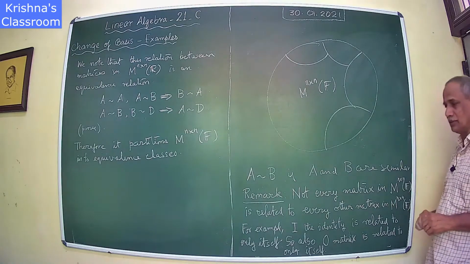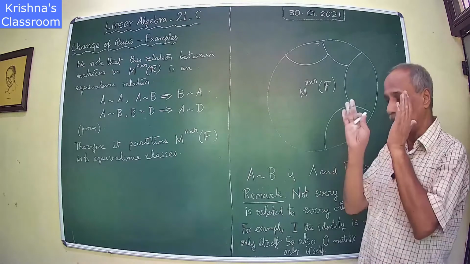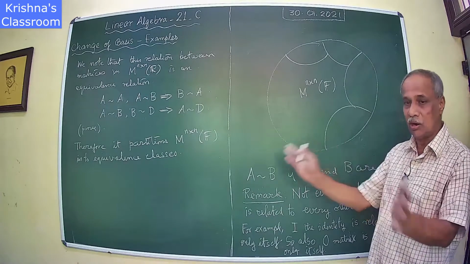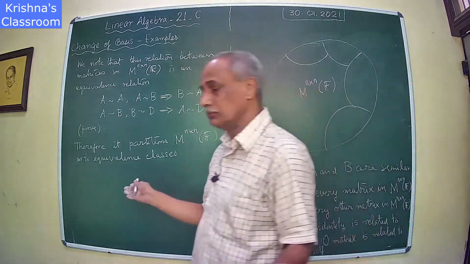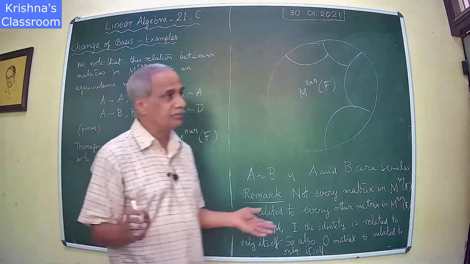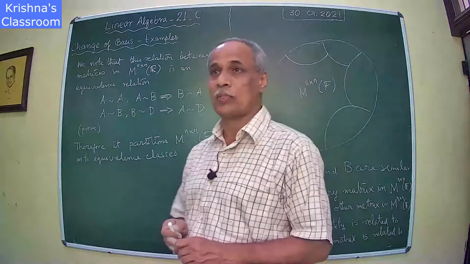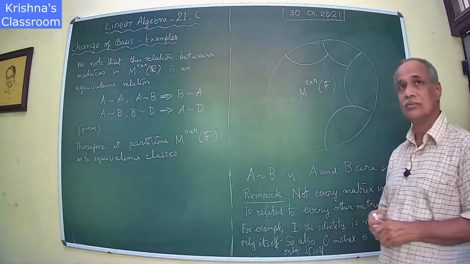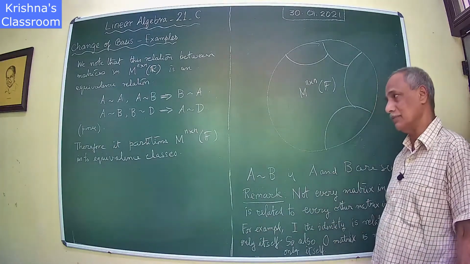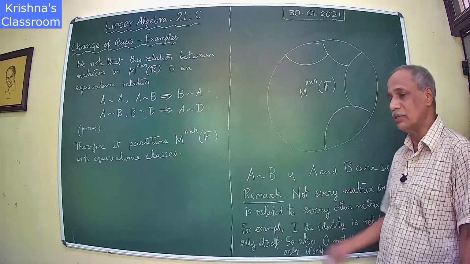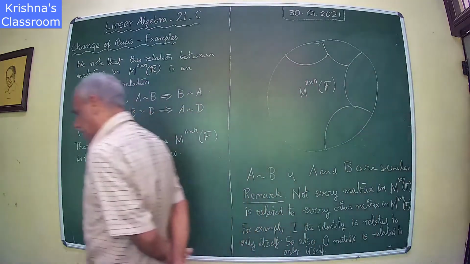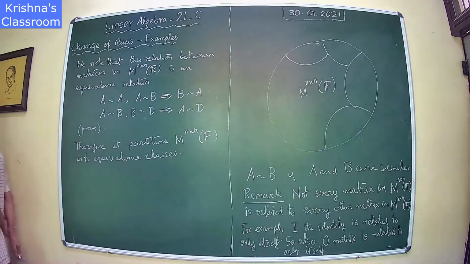In short, for any linear transformation T on V, you have plenty of choices of representations in terms of matrices which are related to one another. Now, this is the situation. So let us see what is the consequence of this.